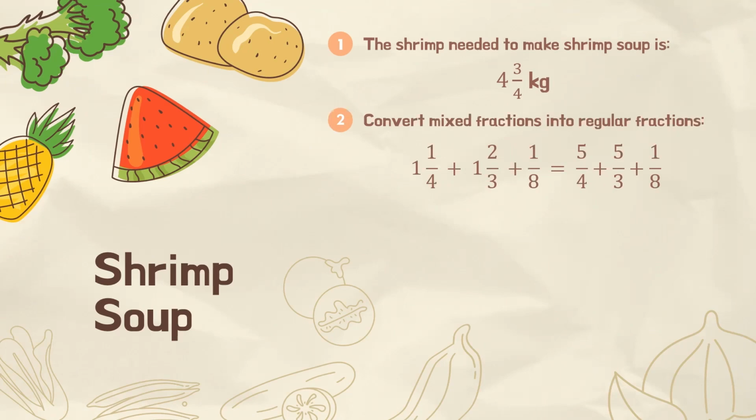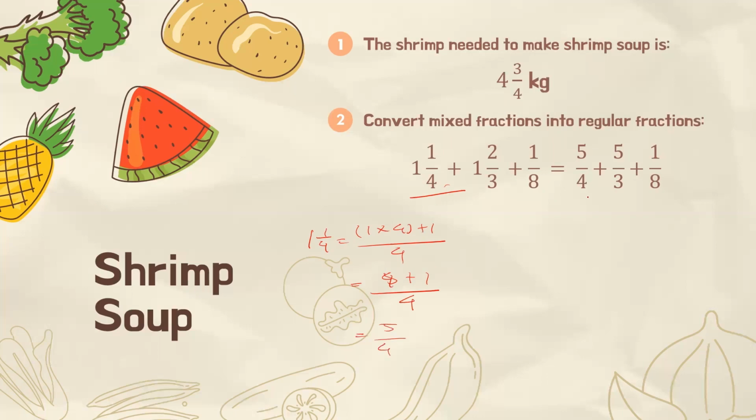As we all know, a regular fraction consists of a numerator and a denominator. To find a regular fraction from a mixed fraction, we need to multiply the whole number with the denominator and then sum the result with the numerator. The result then becomes the new numerator. Then, 1 1/4 equals 1 times 4 plus 1, over 4, equals 4 plus 1 over 4, equals 5/4.